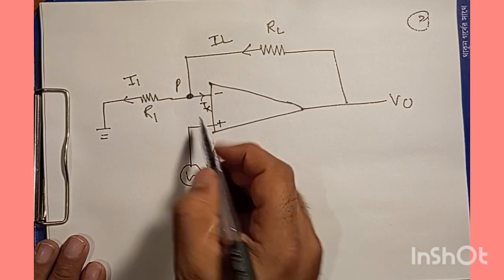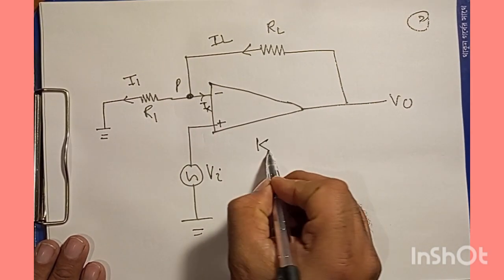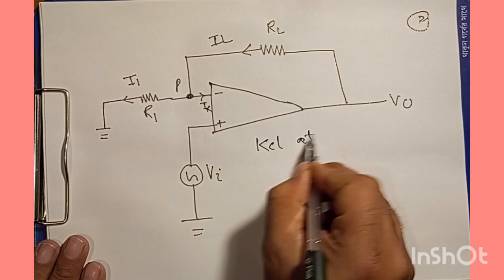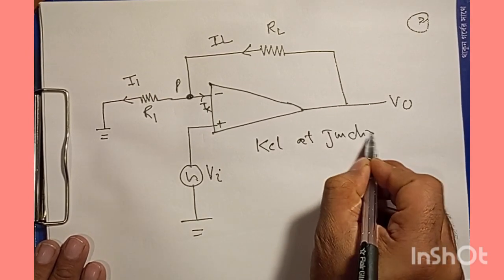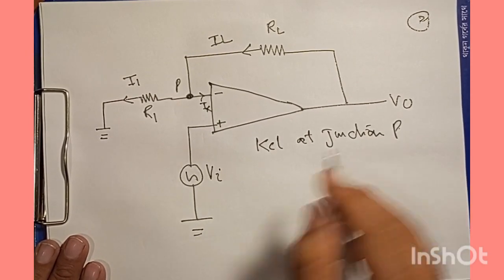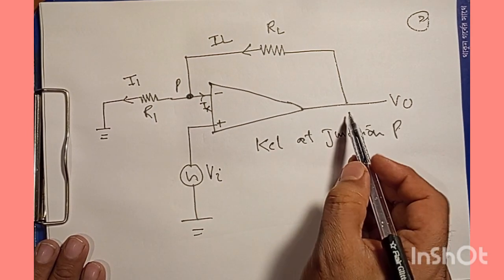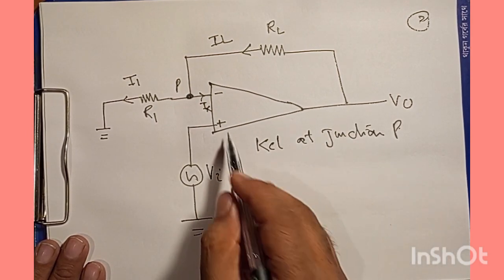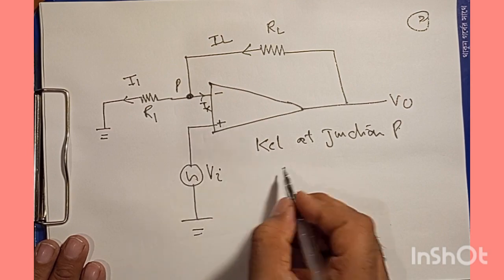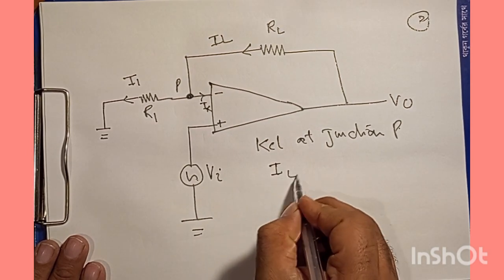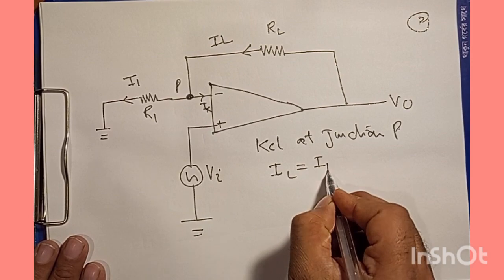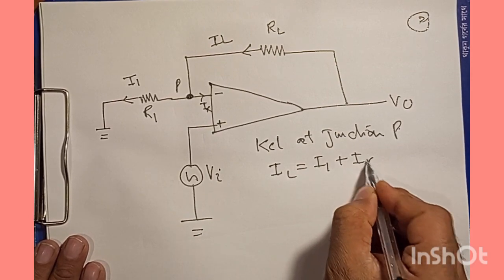So this is one situation. If I make use of KCL at junction P, what's going to happen? I can have this IL equal to I1 plus Ix.